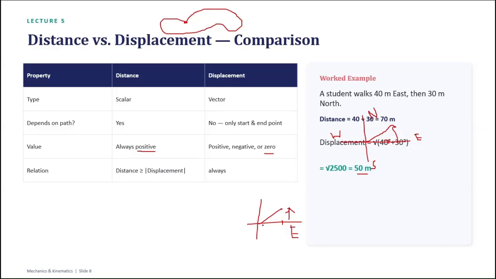From this point to this point, this is our displacement, which is 50 meters, while the whole of it is 70 meters, which is distance. So displacement, 50 meters, is clearly less than the 70 meters actually walked.